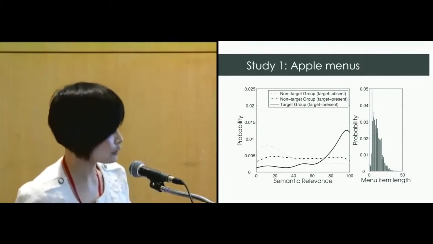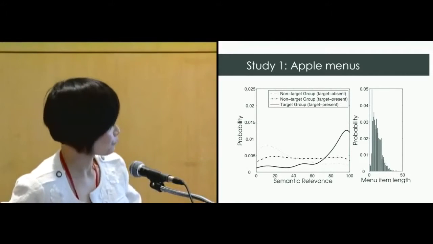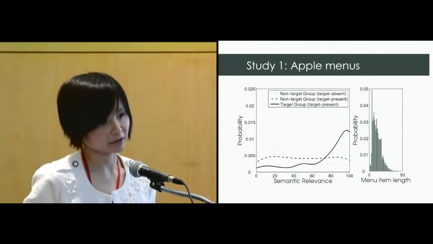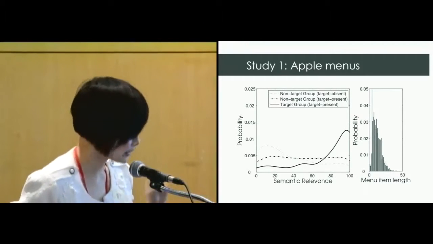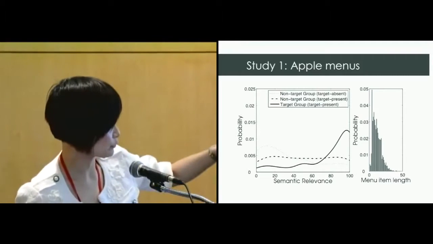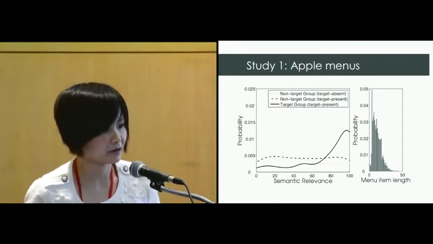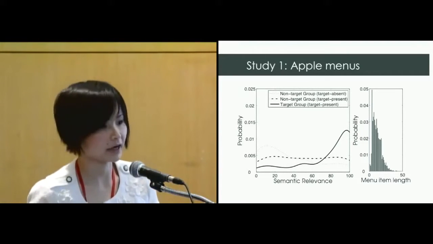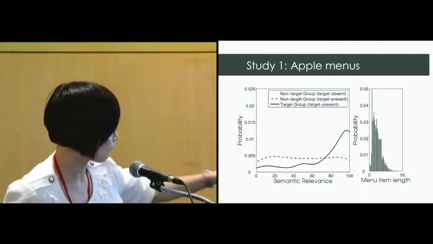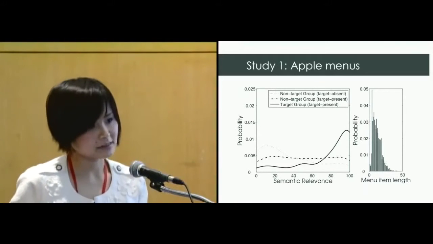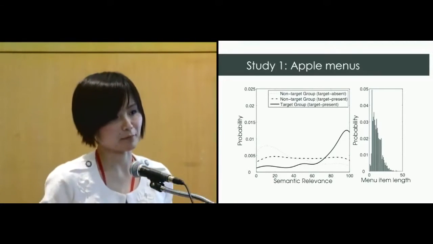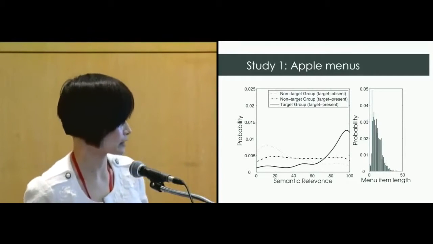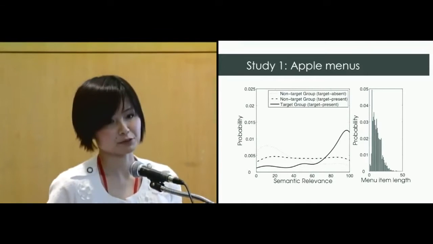The solid line is the semantic relevance distribution of the items in the target group. As you can see, the distribution is right skewed, meaning the items in the target group have relatively high relevance with the target. The dotted line on the left is for items distributed in different menu groups. It's left skewed, meaning relatively low relevance with the target.